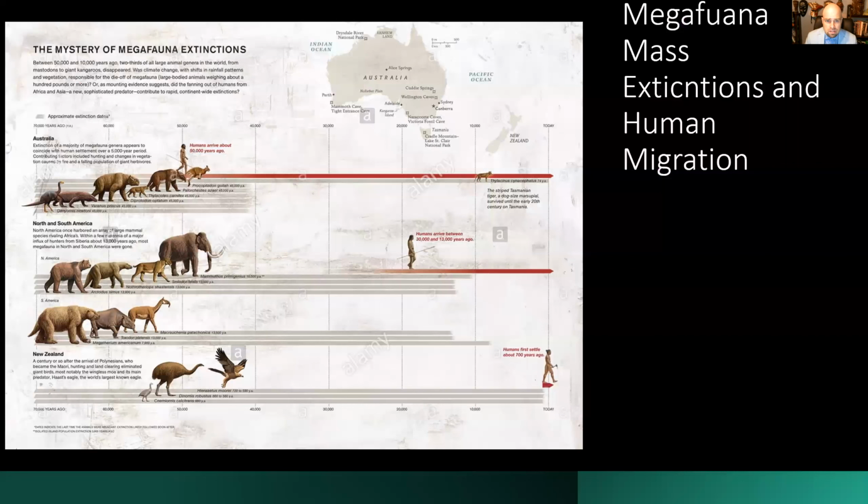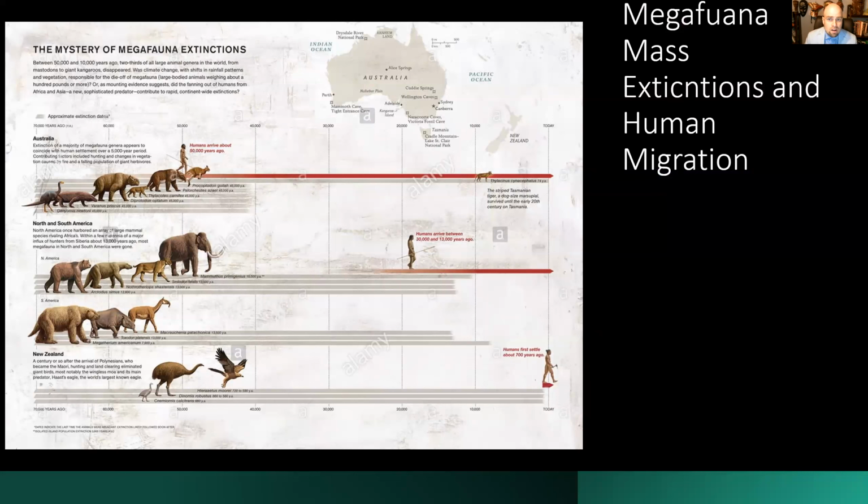Now, what's really interesting is that we have a coincidence. This is something people debate about, but we have a strong coincidence between when humans made it to different parts of the world and when major extinctions occurred. There's a major extinction in megafauna specifically.